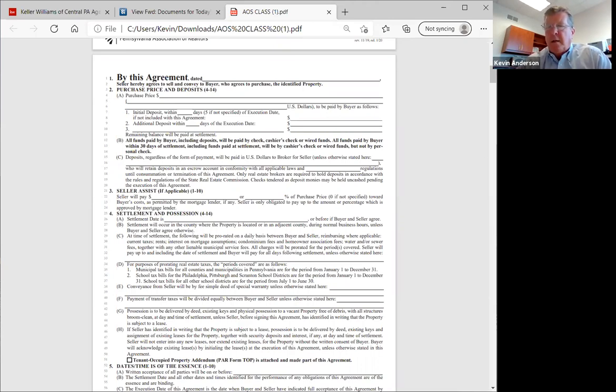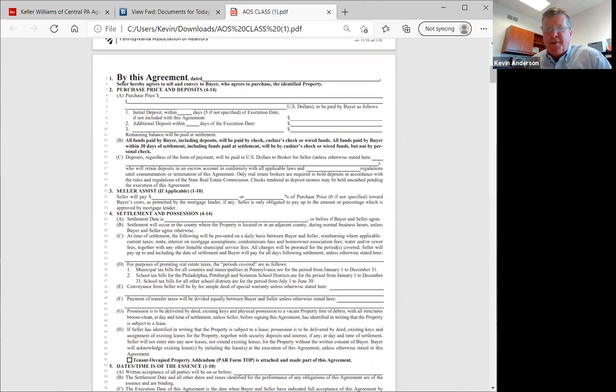No. If both parties mutually agree otherwise, then it's okay. So that's why it says, unless otherwise stated here, and that's where you'd put in held by Yingst Homes, who will retain the deposit in an escrow account in conformity with all applicable laws and state regulations until consummation or termination of this agreement.